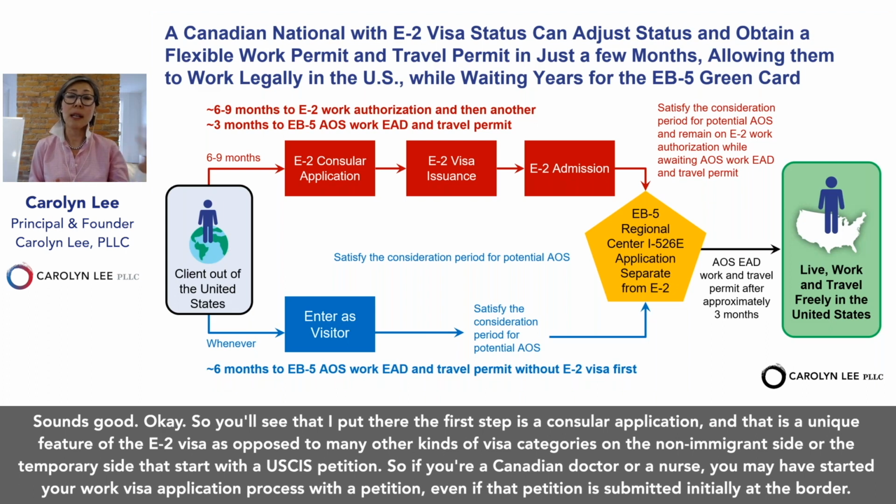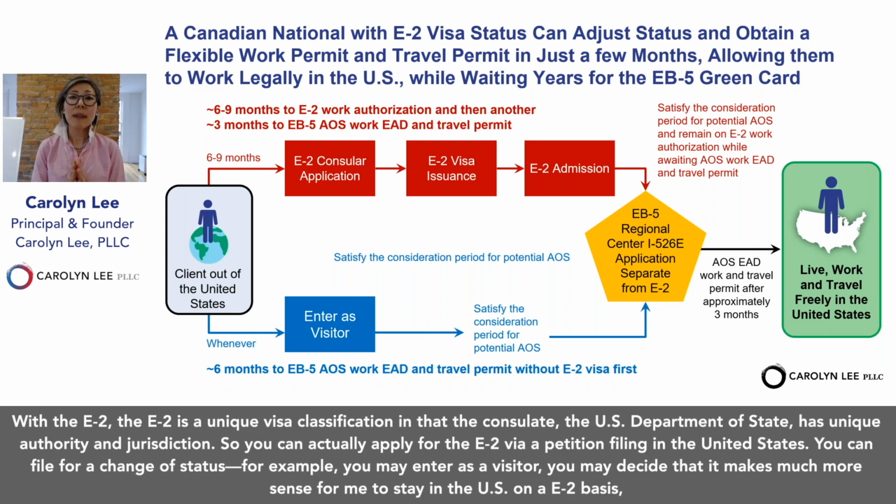So if you're a Canadian doctor or a nurse, you may have started your work visa application process with a petition, even if that petition is submitted initially at the border. The E-2 is a unique visa classification in that the consulate, the US Department of State, has unique authority and jurisdiction.